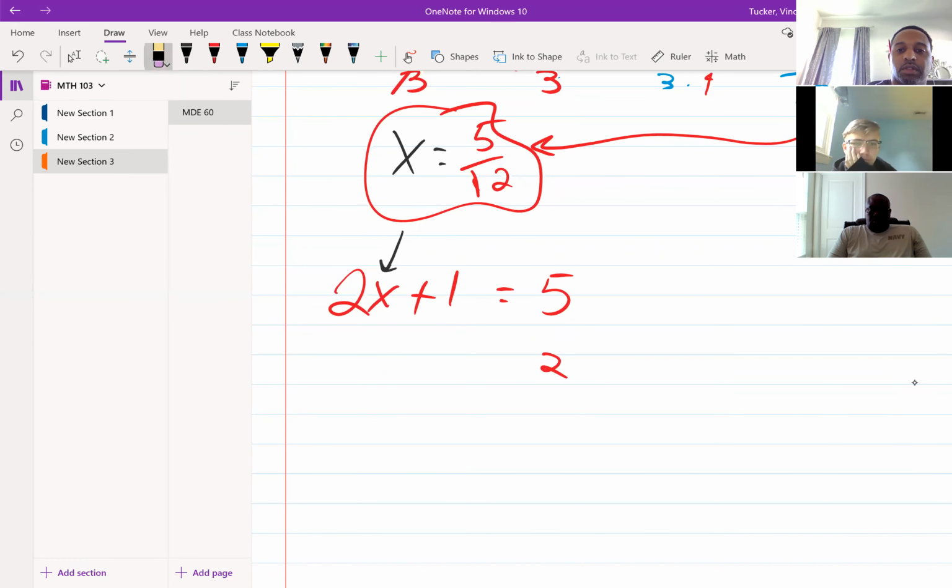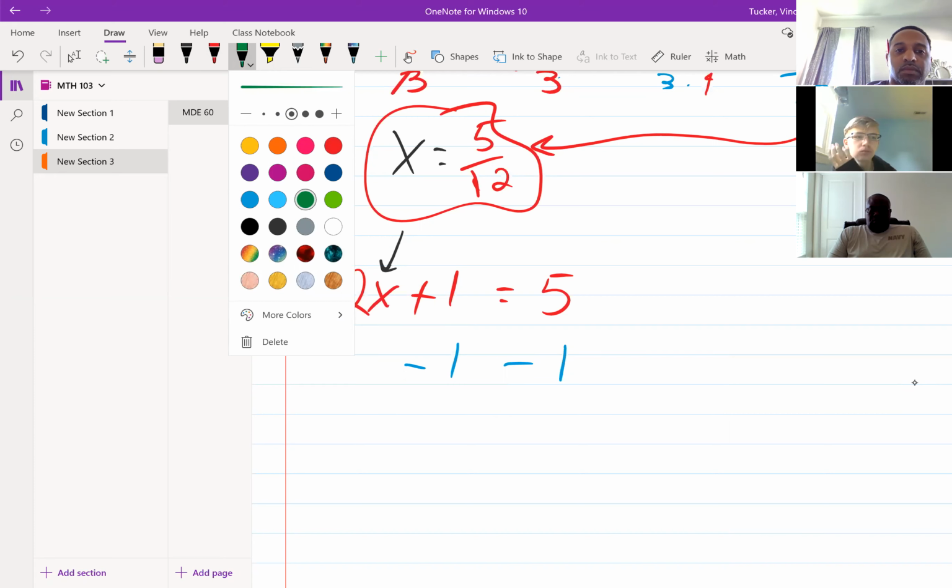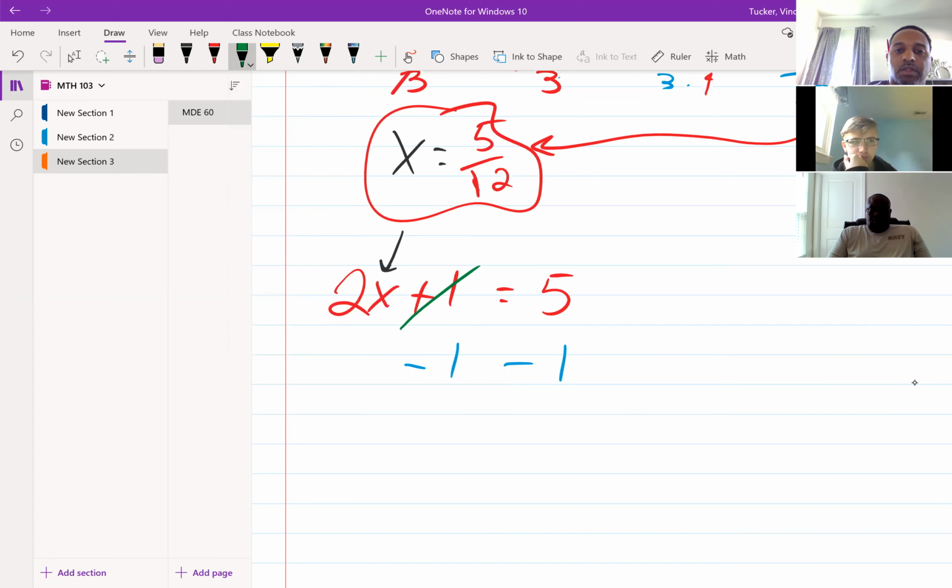So the first thing we'll do, like I said, is to get rid of the 1, and that means we will subtract 1 from both sides of our equation. 1 is canceled on the left, leaves me with 2x, and then 4 on the right.